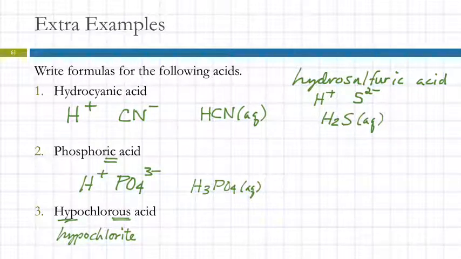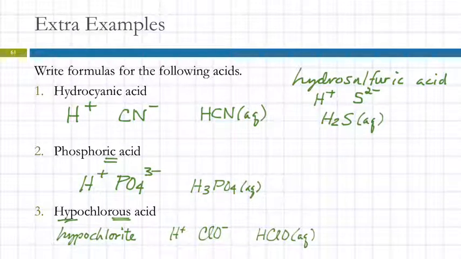So hypochlorite is ClO minus. Chlorate is O3. Chlorite is O2, hypochlorite is O. And then H plus, so put those together, we get HClO, aqueous. Any questions?